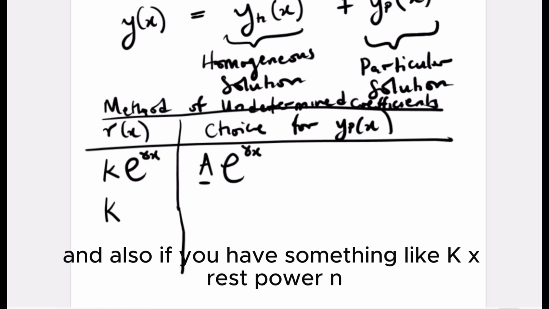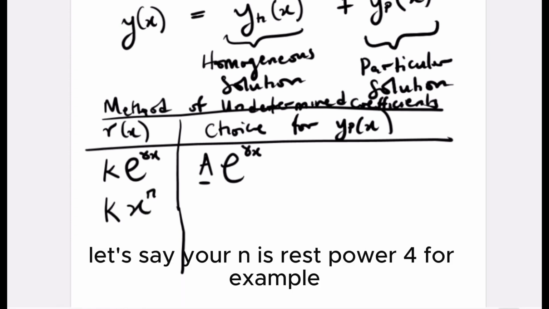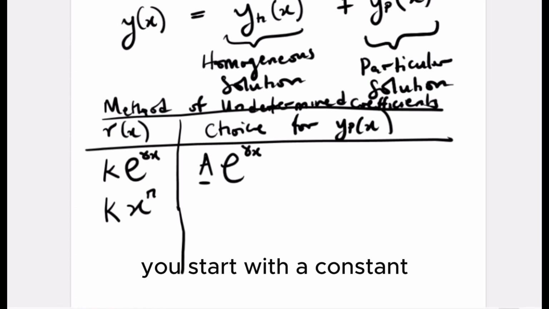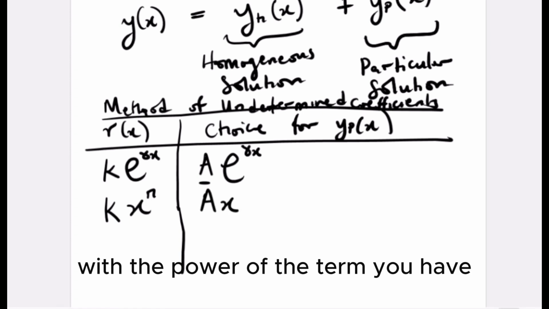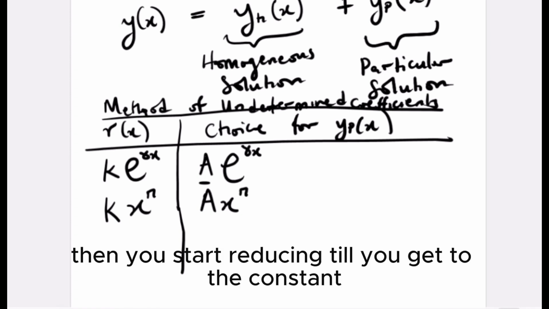Also, if you have something like k x raised to power n, let's say n is 4, for example, you start with a constant. The first term will be with the power of the term you have, n. Then you start reducing till you get to the constant.